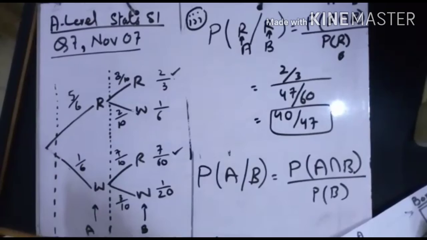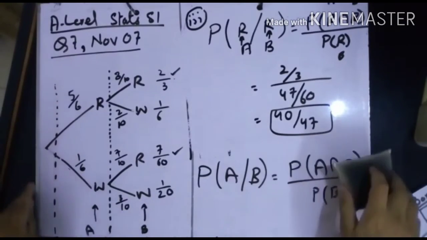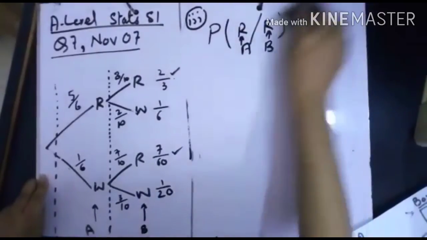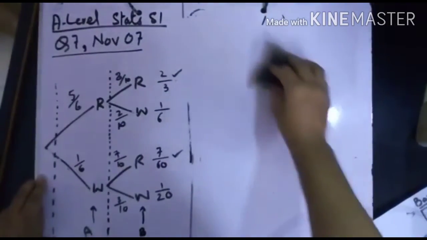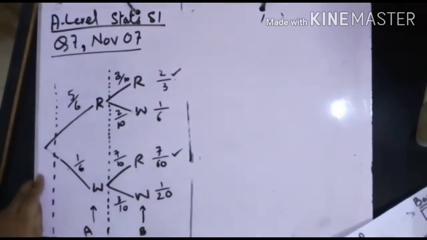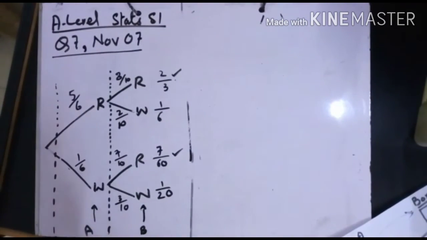Okay, fourth part. In the fourth part, the question says random variable X denotes the number of times that a red paper clip is taken.